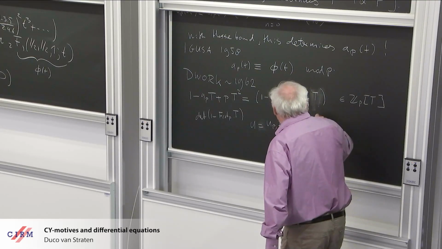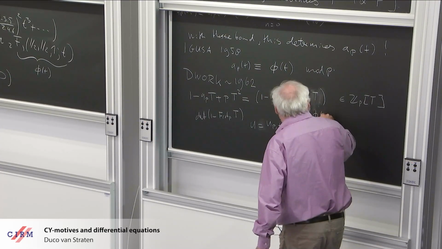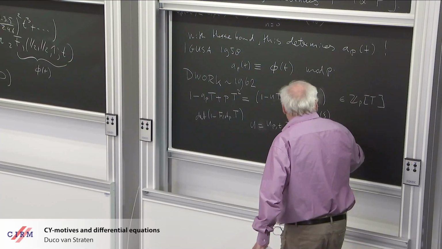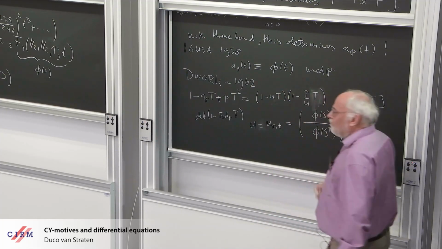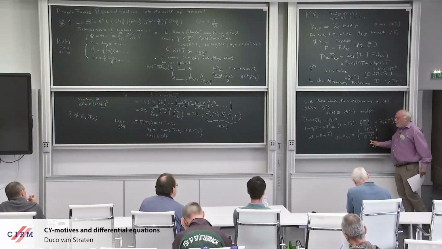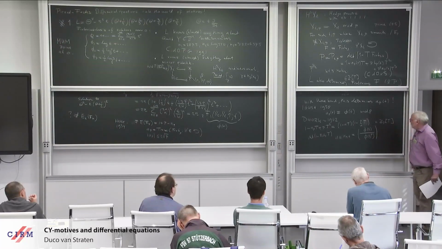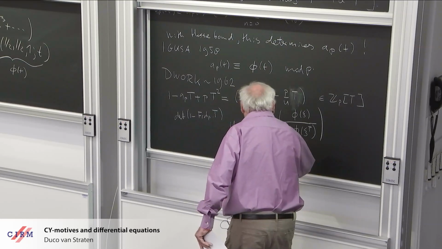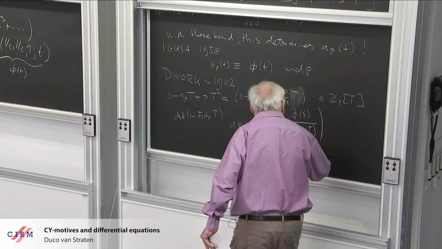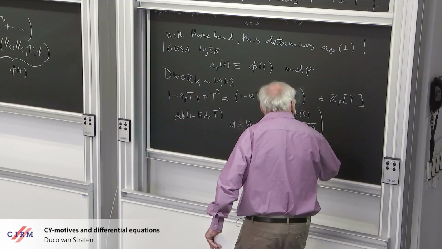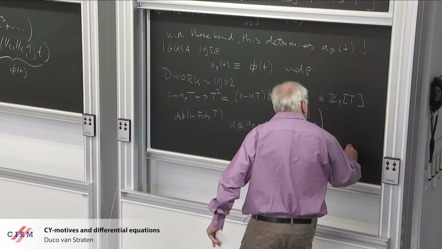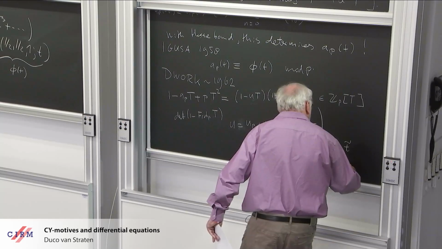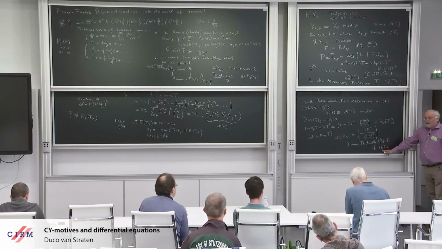And what it is, you take the phi, the period function, and divide it by the period function of the argument where you replace xi by xi to the power p, and then let xi go to the Teichmuller lift of t in F_p.